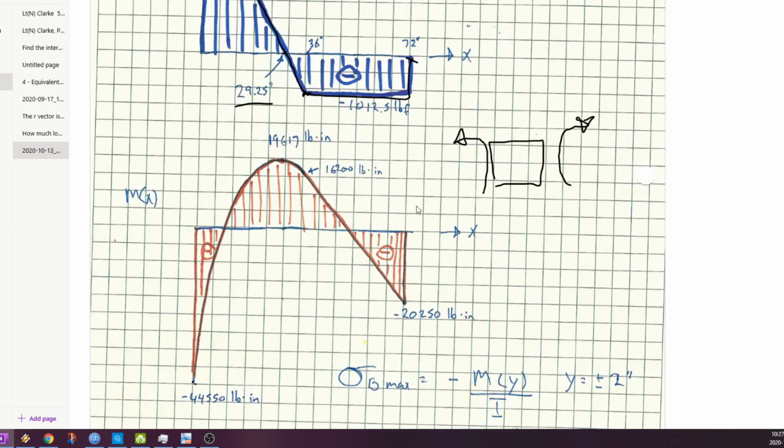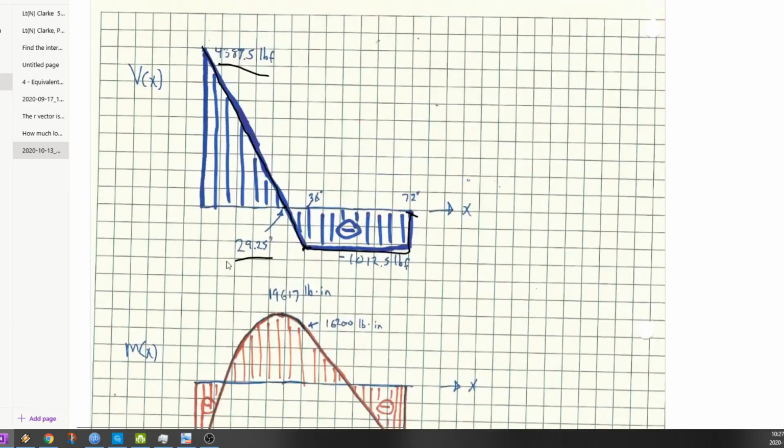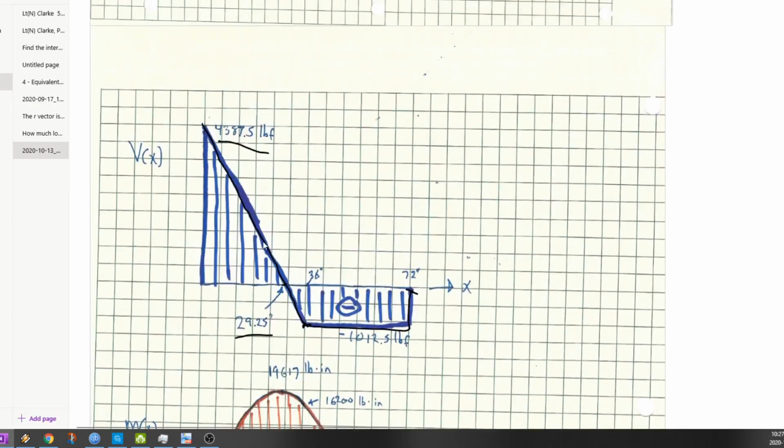So doing that to this bar, that's going to cause it to deform into a frowny face. So that's a negative internal moment. So yeah, we're negative in here, and then we're increasing until we hit this point here.